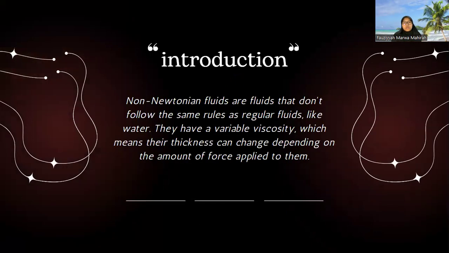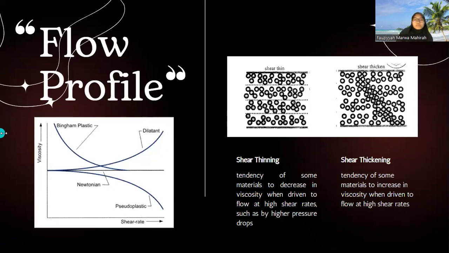So, introduction: non-Newtonian fluids definitely don't follow the same rules as the usual fluids. They have a variable viscosity, meaning their thickness can change depending on the amount of force. Something like water or oil is a Newtonian fluid.